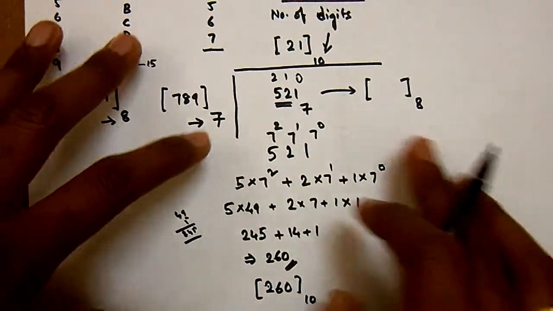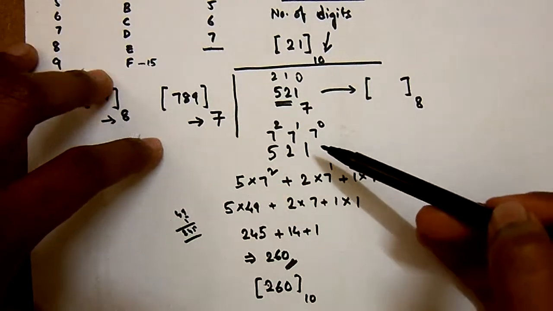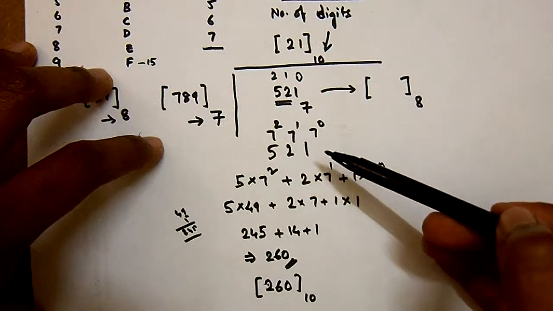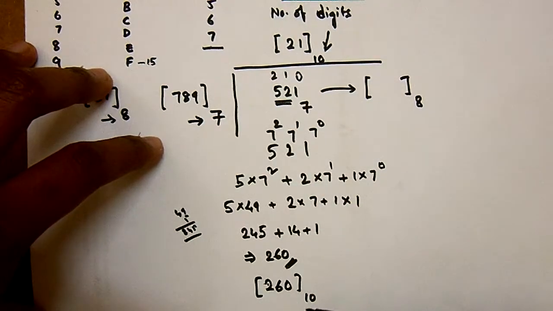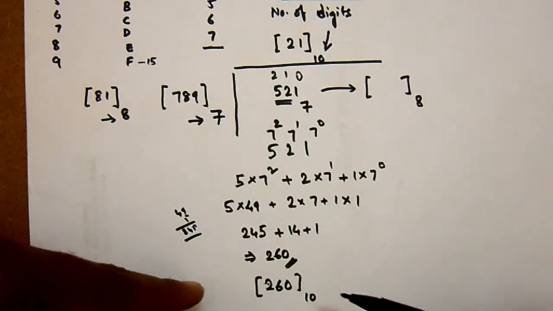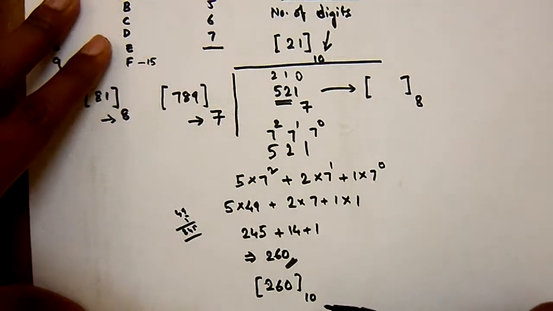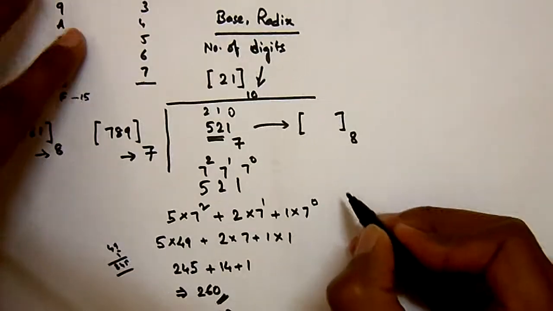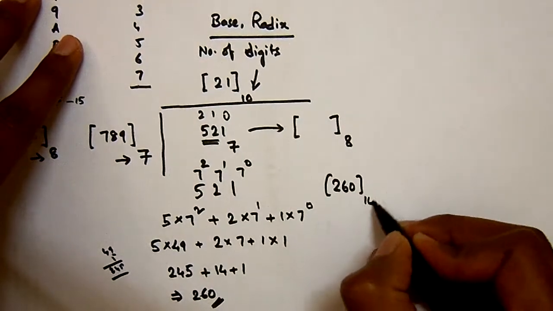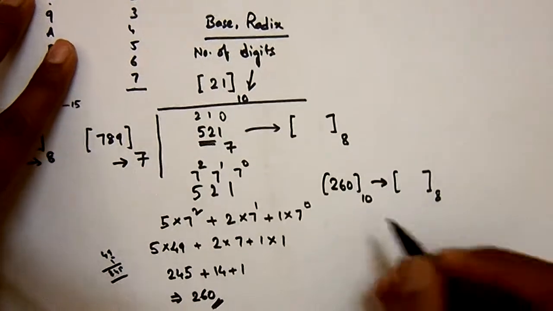For any number system, if we expand it in the form of place values, multiply the place values with the corresponding digits and add them all, we are doing all additions and multiplications in decimal, so we get a decimal equivalent. Now we will convert the decimal equivalent 260 to the base 10 into something equivalent in base 8.